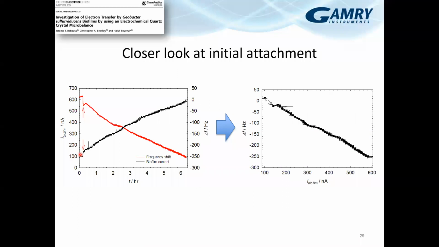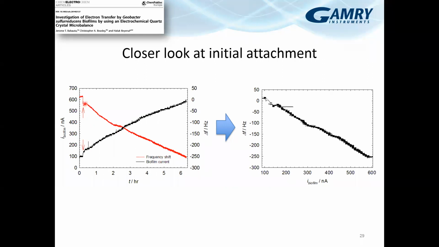You see that for these red arrows is where we added the cells in suspension. Well, actually, they were added closer to 0, but as soon as those cells touch the electrode surface, you see an immediate jump in current. And at the exact same time, this is the EQCM setup that we've been talking about, you see a drop in the frequency shift.